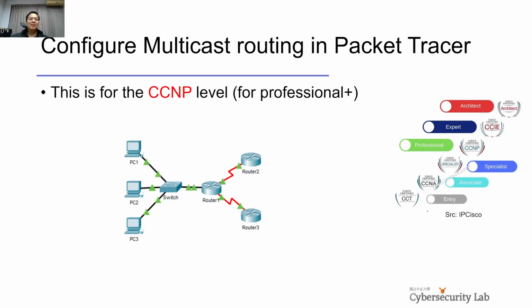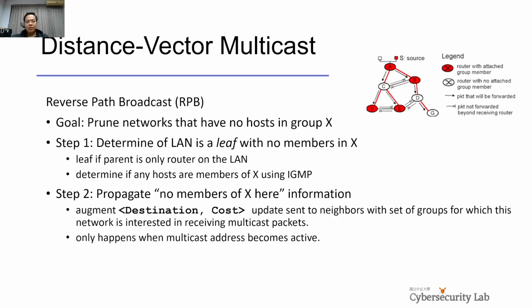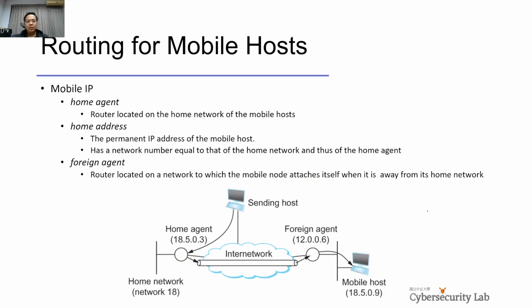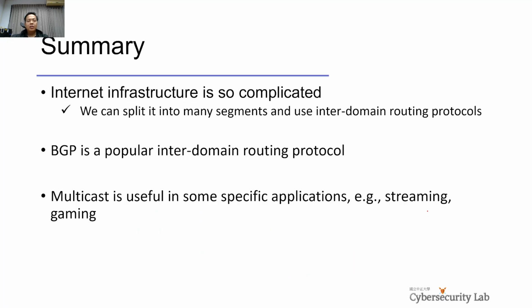Maybe I can create a new video to help you understand how complicated multicast is, and show you some simple examples. In multicast routing, we have distance vector, interdomain multicast, and routing for mobile hosts. You can check more in the slides.